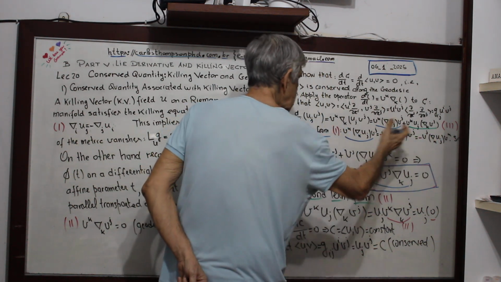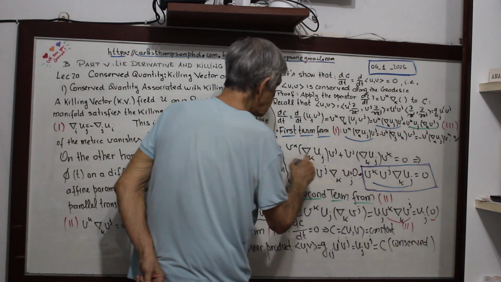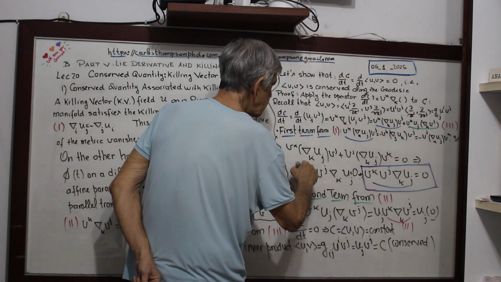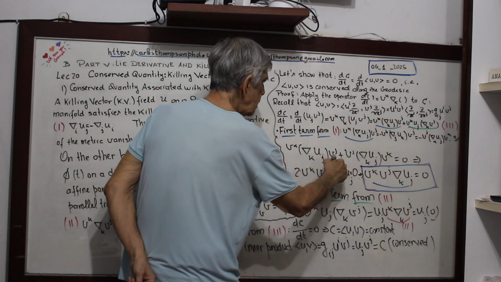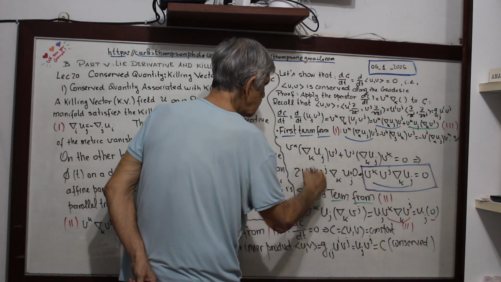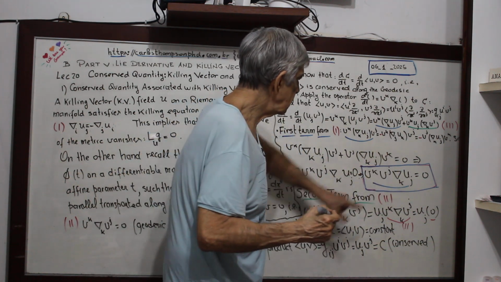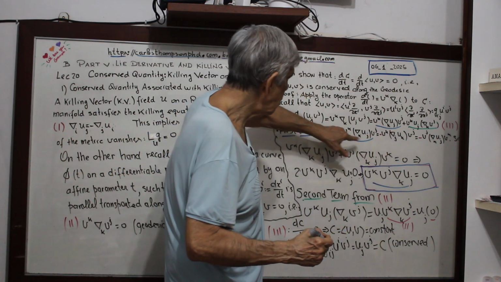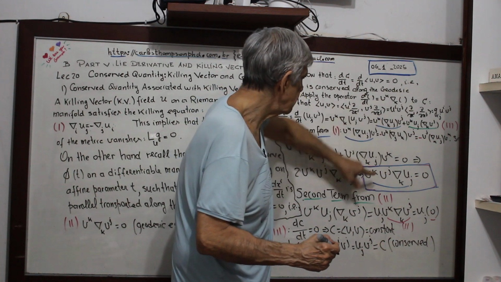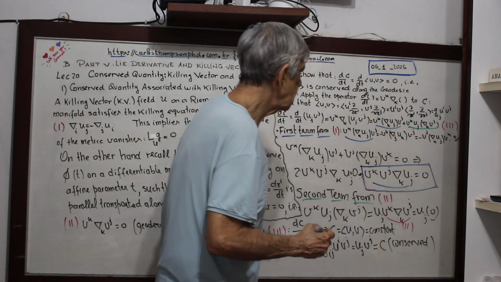This leads to the sum of the same term twice, which is equal to 0. Then the blue one, the first term, will be 0.